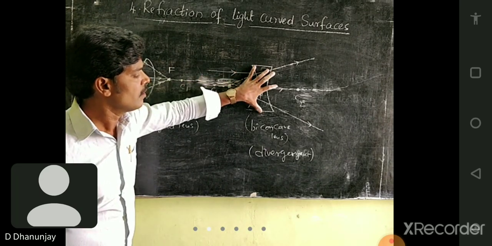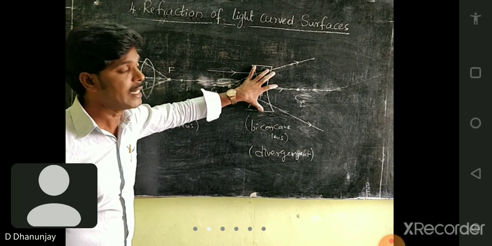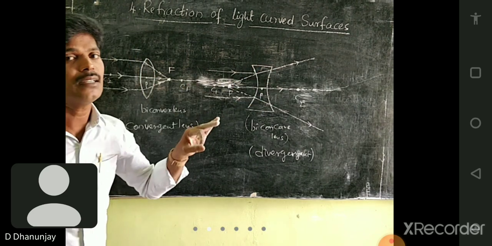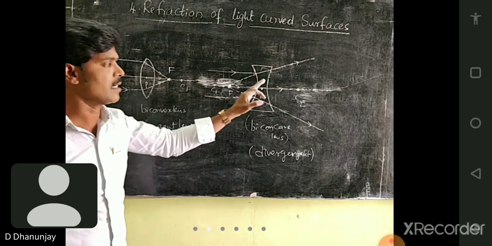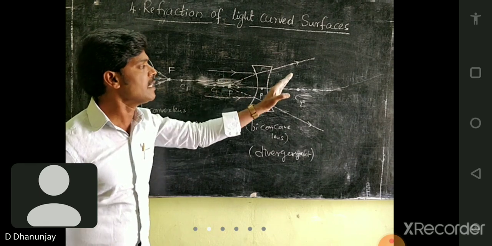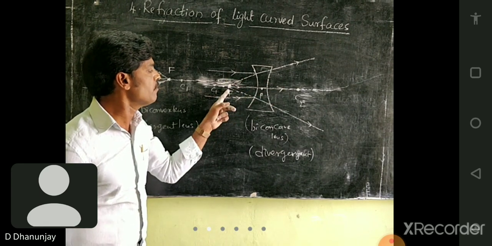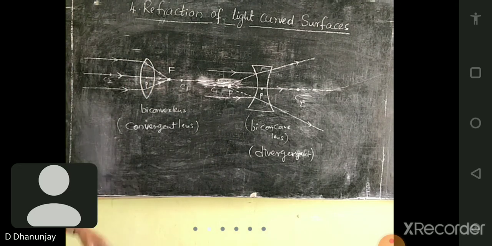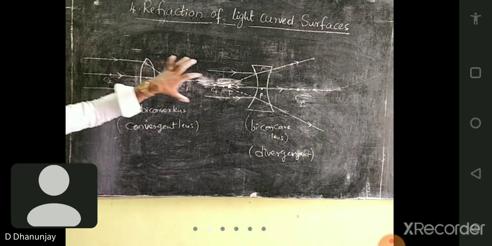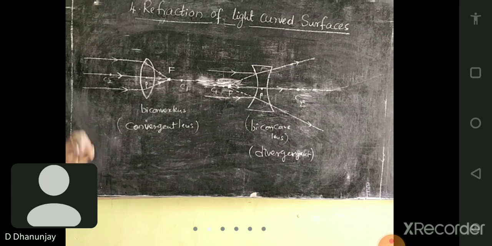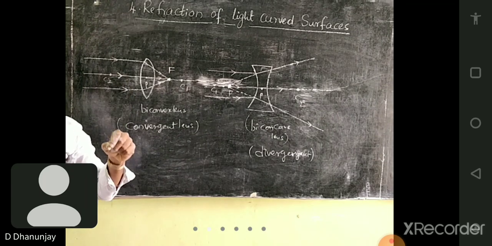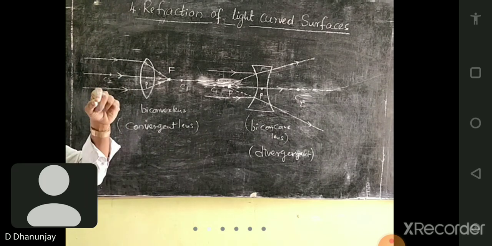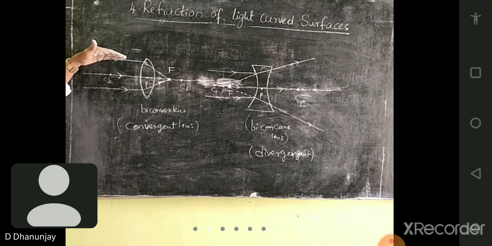Now let me explain this biconcave lens. Here also I am taking 3 rays: 2 rays parallel to the principal axis, and 1 ray passing along the principal axis. It doesn't deviate in both cases. So in the first diagram for the biconvex lens, the light rays converge at one point.